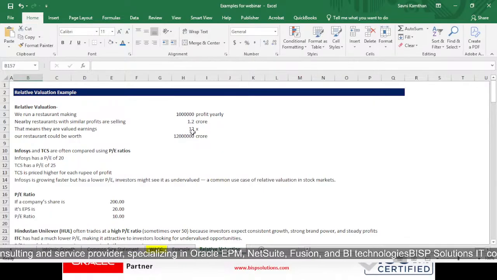So our restaurant in that way will be worth 1.2 crore if we also value our business the same way.